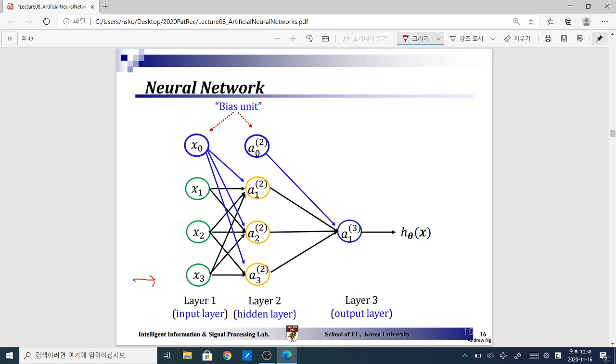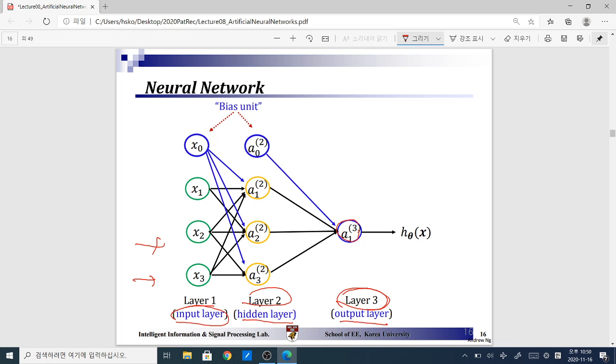Here we have a 3-layer model for an artificial neural net, where the first layer is the input layer, as before, like the perceptron. Layer 2 in this architecture is considered the hidden layer, because layer 3 is considered the output layer.